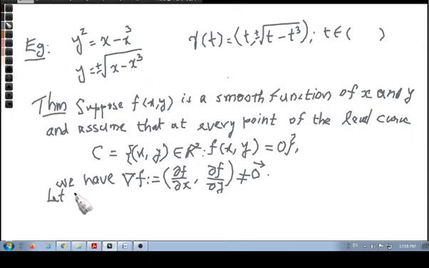Let P, x naught y naught, be a point on the level curve C. That means at the point x naught y naught also del f is non-zero.